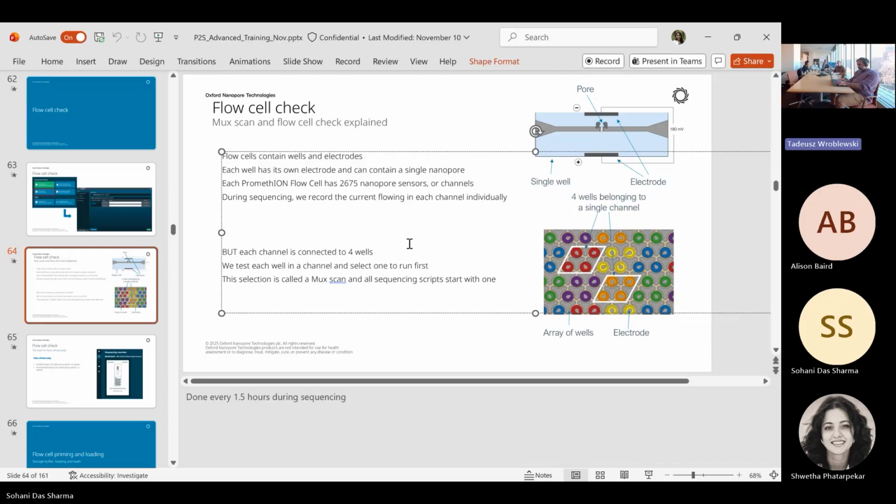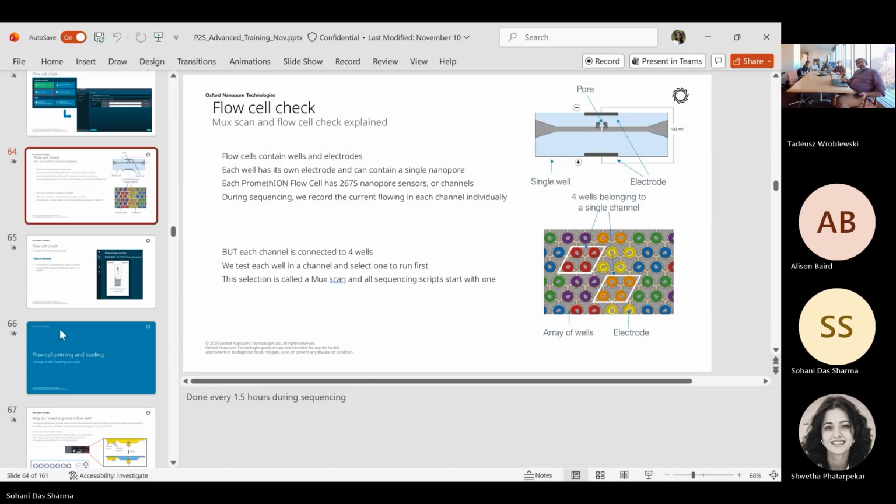So what happens during the mux scan? The MinKNOW software tests each well in the channel and selects just one well for the mux scan. So when we are doing the flow cell check, let's say we have 8,000 active pores. It's not that 8,000 active pores would be sequencing at the same time. Okay, so this is basically how it works.